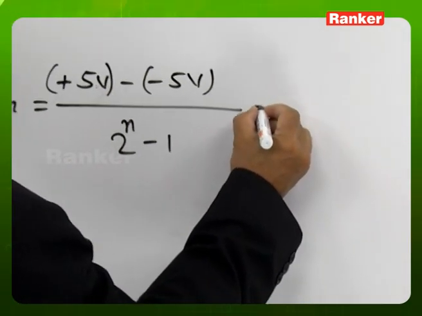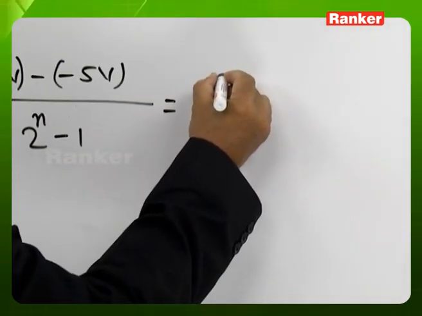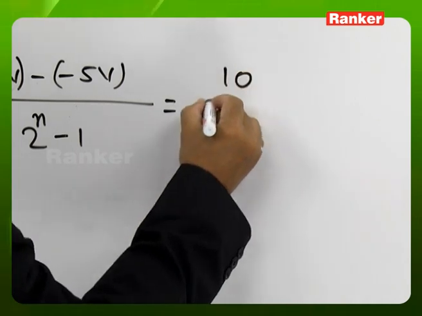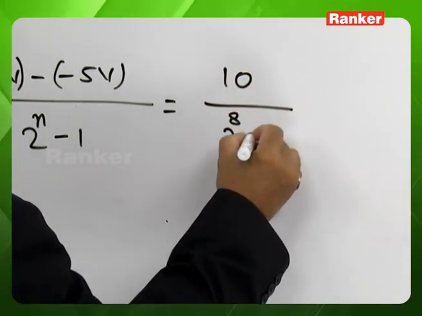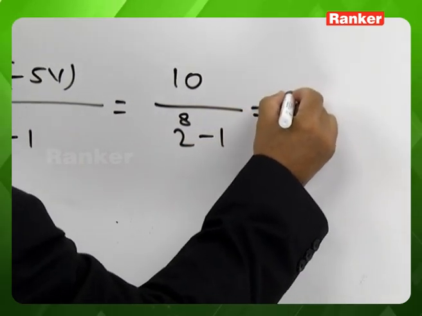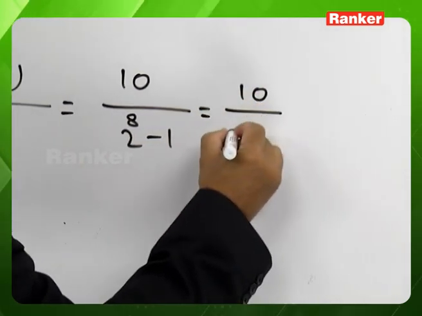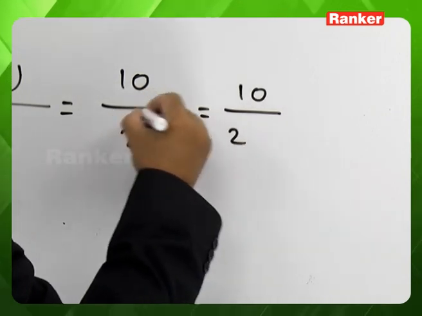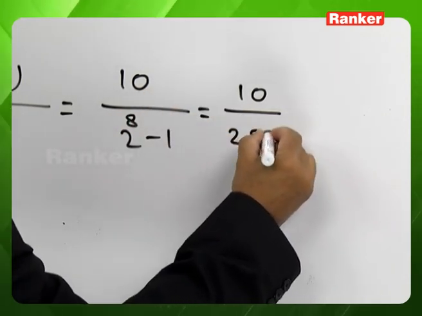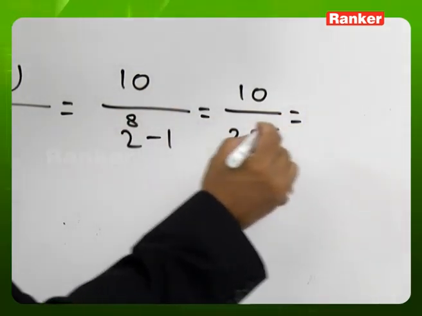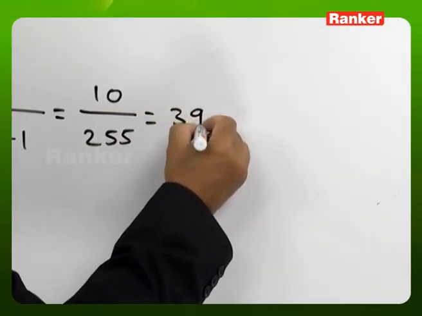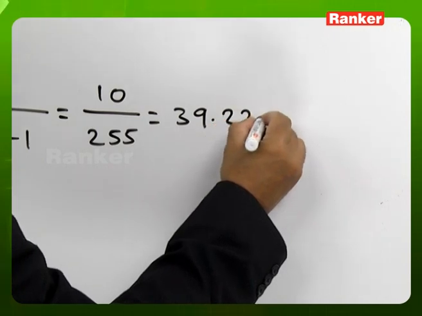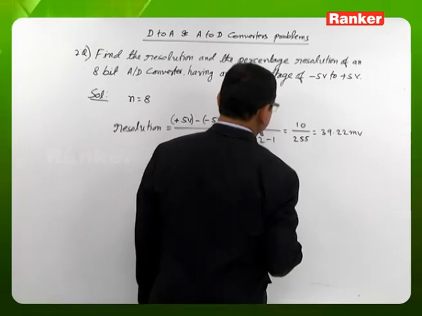So that comes to 10 divided by 2 to the power of 8 minus 1. Hence, 10 divided by 2 to the power of 8 minus 1, which is 255, if you work it out, comes to 39.22 millivolts.